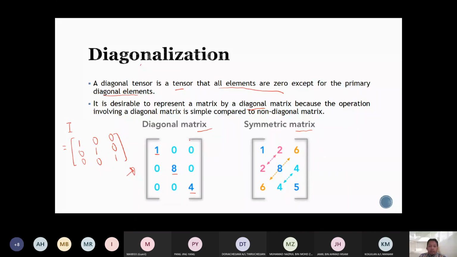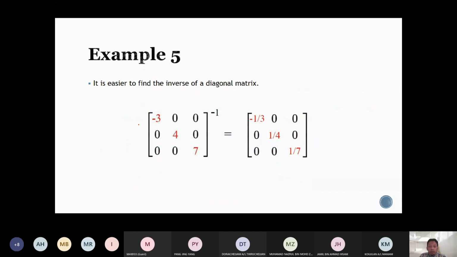If you have a diagonal matrix, it's much simpler to expand and so on. For example, if you have this matrix here, -3, 0, 0, 0, 4, 0, 0, 0, 7, and you want to find the inverse, you don't have to find the determinant and the adjoint. You just invert each of the elements.